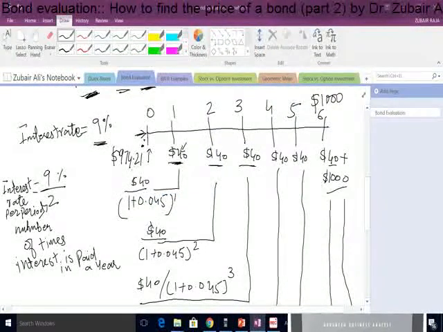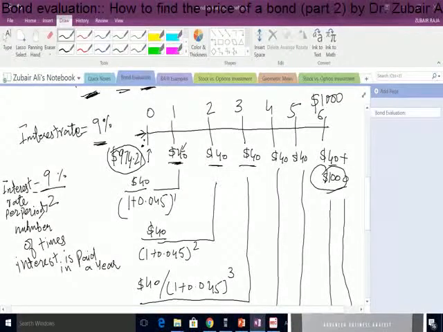Surprising? Yes, it could be surprising for some of you that the face value of this bond is 1,000, but why does the price turn out to be $974.21? And there is a reason for that.